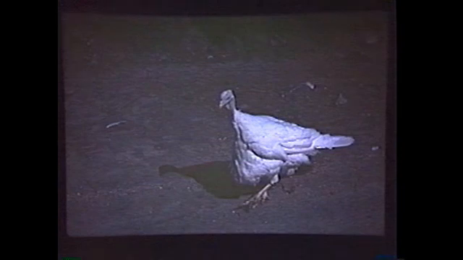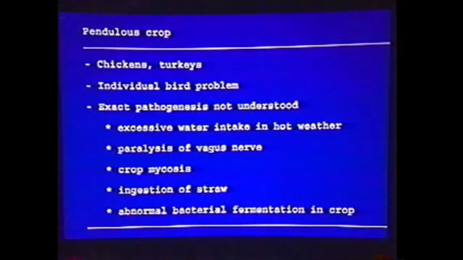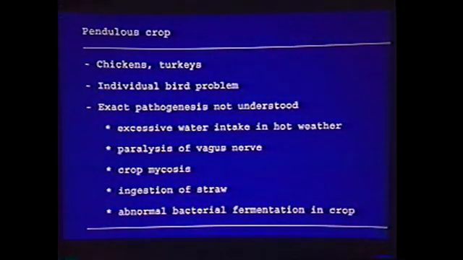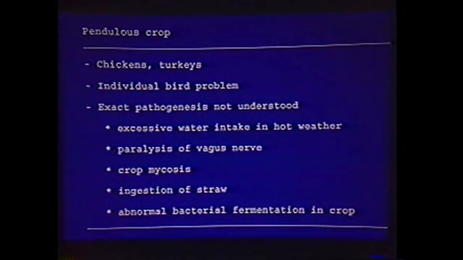Here is a turkey from a commercial flock with a large distension of the crop. And this is commonly called pendulous crop. The pathogenesis of pendulous crop is not very clear.